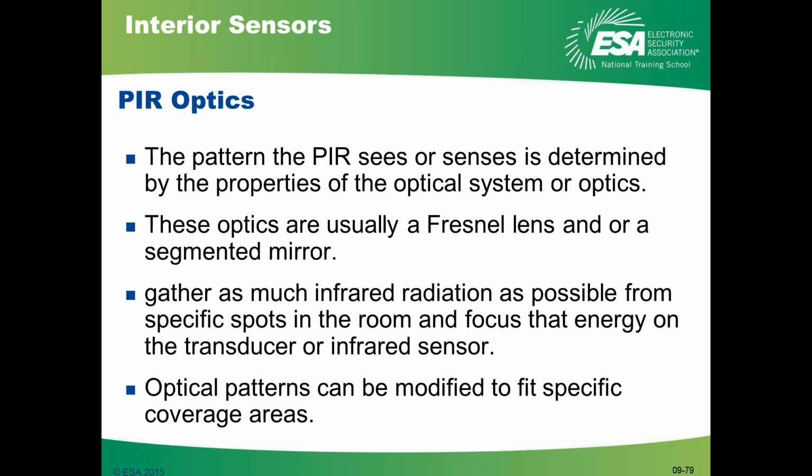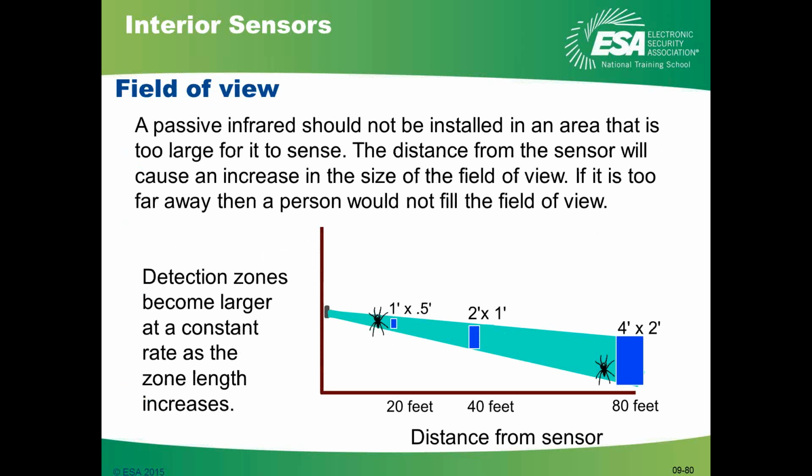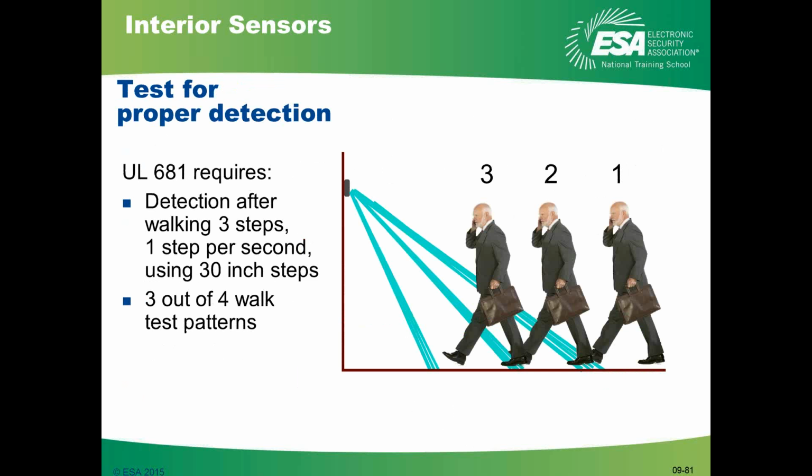A little bit more talking about the Fresnel. The fields of view, the slides stayed the same. And then here's the proper detection. And if you were like me, this sat there and it was like, okay, how did we work this in or have a discussion about it and correlate to it?